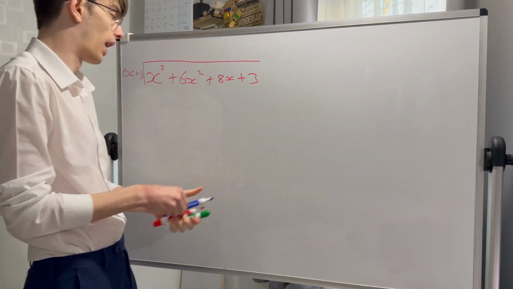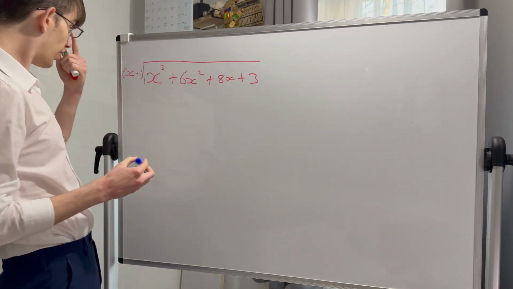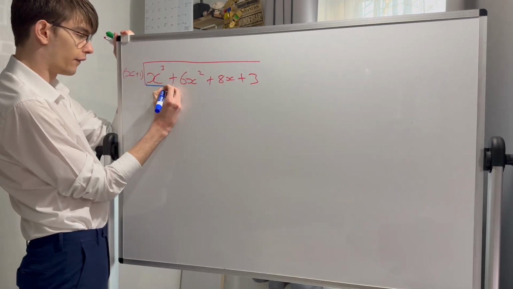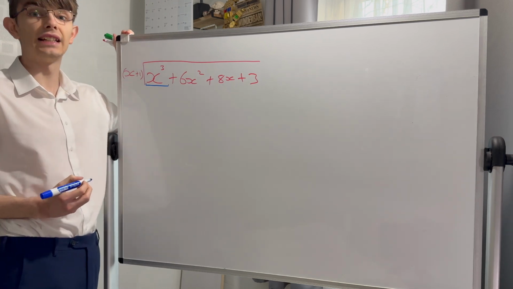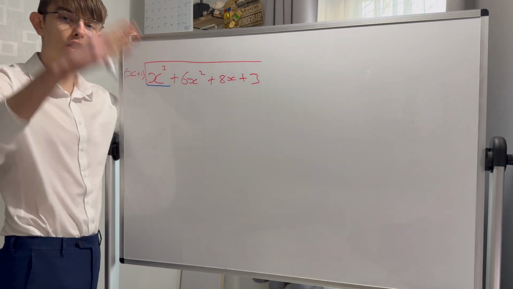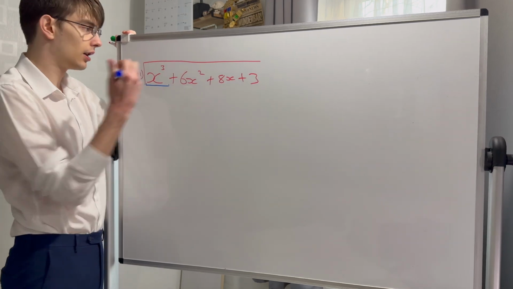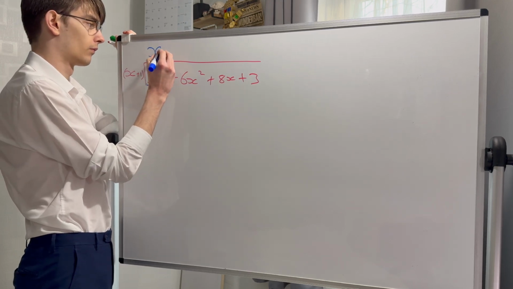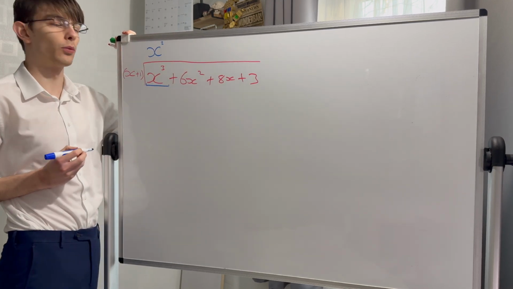It's just about being able to write it out in a very, very specific way. So the very first thing I'm going to do is take my first term, in this case x cubed, and divide it by x. I'm going to cut one of the x's out, and I'm going to put what I'm left with up top. So I'm left with an x squared.